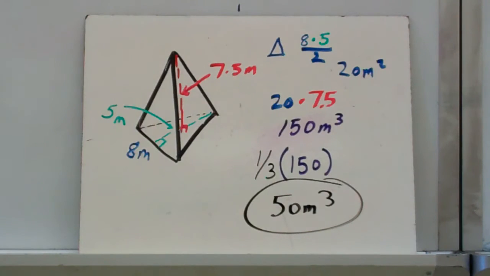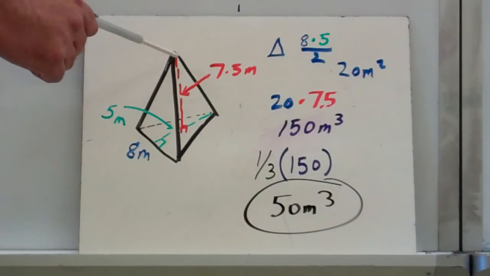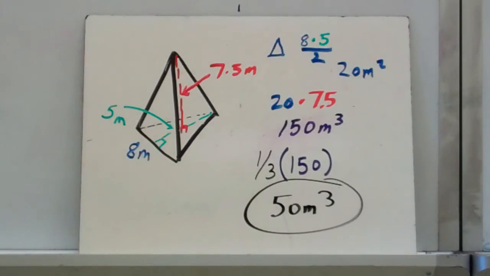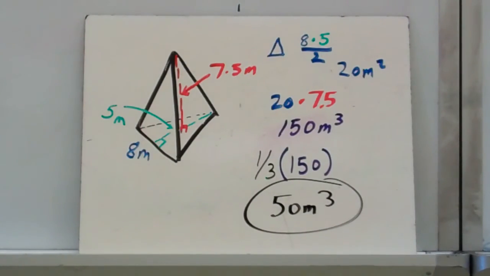Divide that by 2 is 20. So that would be 20 meters squared. We then take our 20 meters squared and multiply it by the height of the pyramid, which is 7.5. So 7.5 times 20 leaves us with 150 meters cubed. From there, we need to take 1/3 of that. So 1/3 times 150 leaves us with 50 meters cubed.